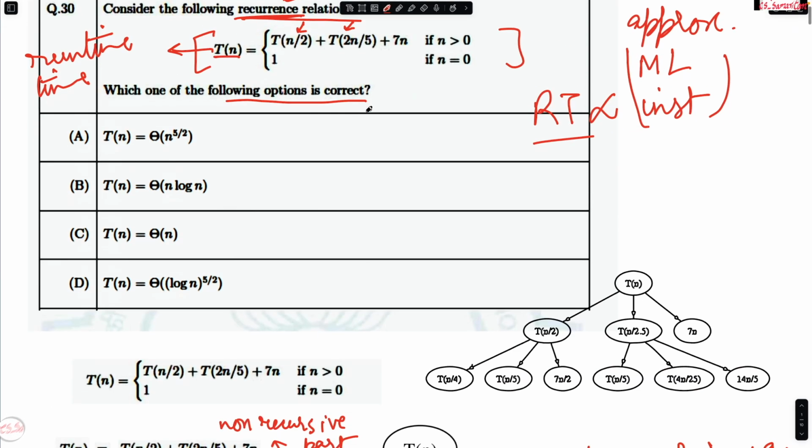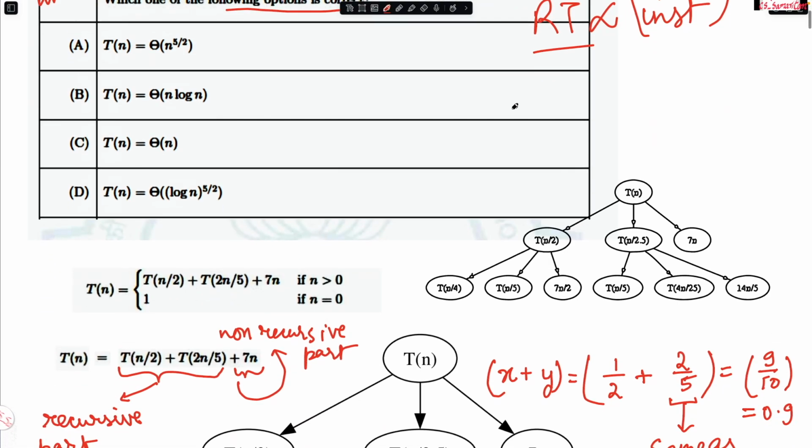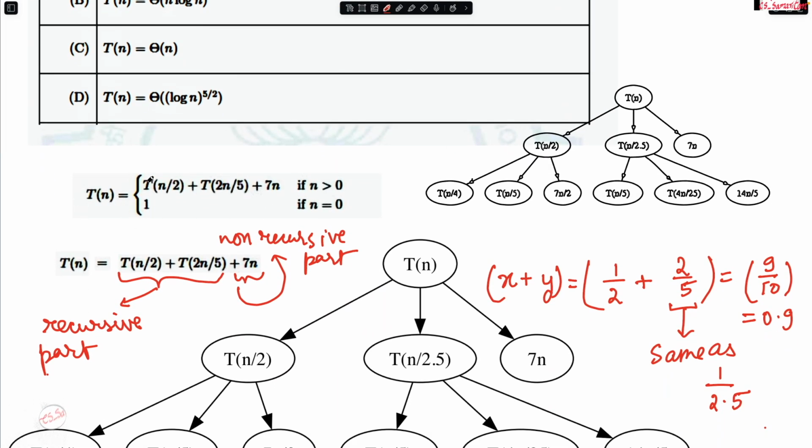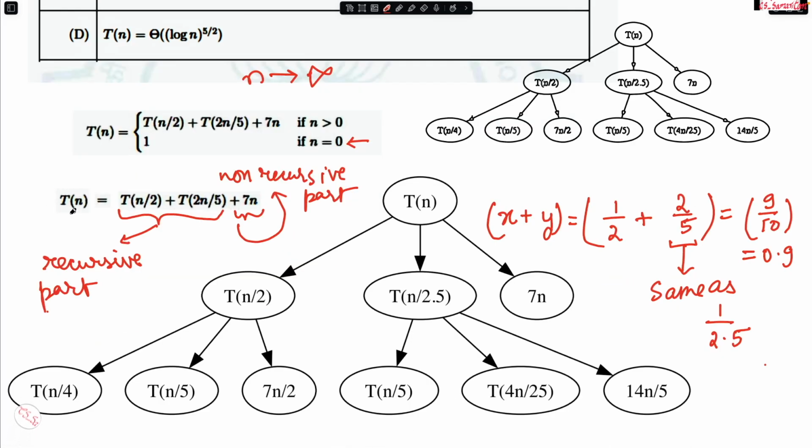Once that part is done, let me analyze. So let's analyze it. Tn is equal to this thing. When n equals 0, that part is the breaking condition at which the recursion ends. But because we are considering asymptotic notations, n is going to tend towards infinity. Tn has two parts.